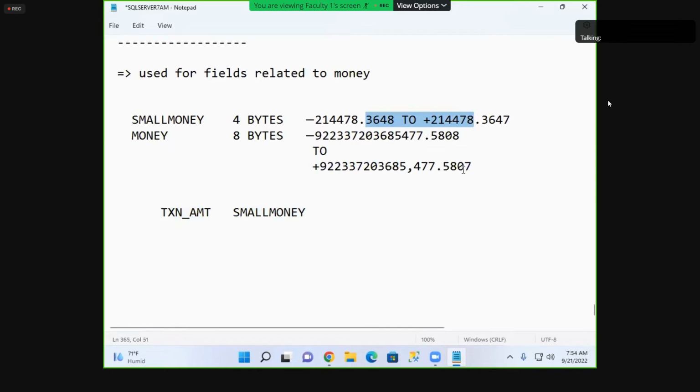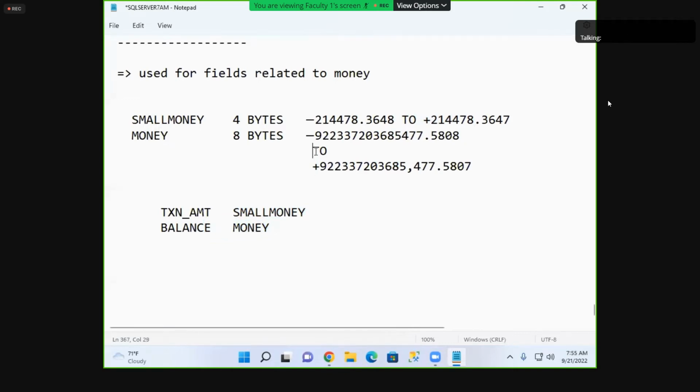But a bank balance can be more than 2,14,000. Yes. Then you use the money type. An ATM transaction amount cannot be more than this, that's why use smallmoney, but a bank balance can be more than this, that's why use money.